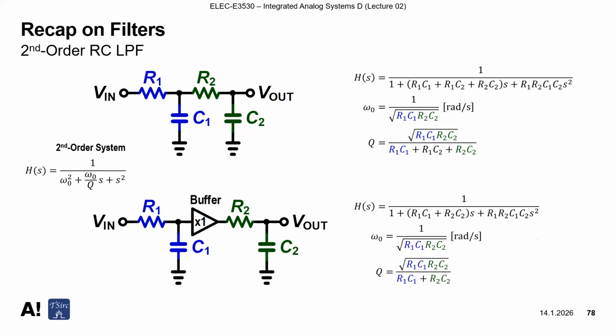Omega 0 is equal to 1 over the square root of R1C1, R2C2. It's the same, right? But for the Q factor, now it has the square root of R1C1, R2C2 over R1C1 plus R2C2. So there is no R1C2 term here. Now C2 cannot see R1 because it is isolated by the buffer. So there is no loading impact. This is the ideal.